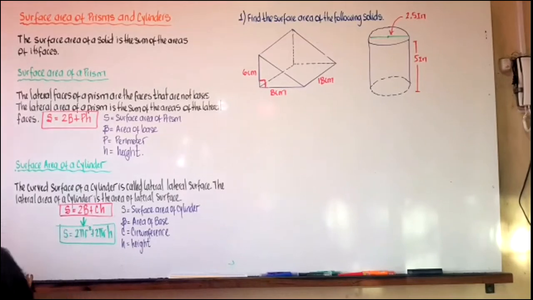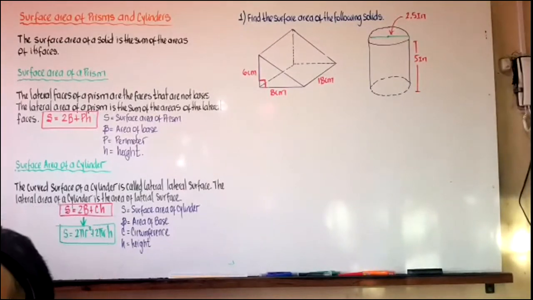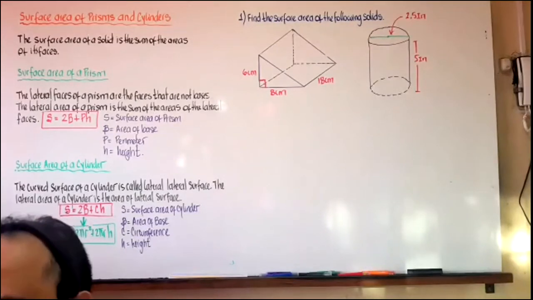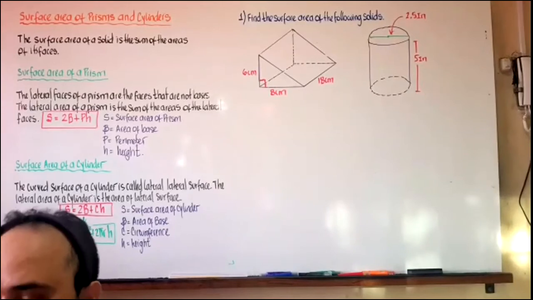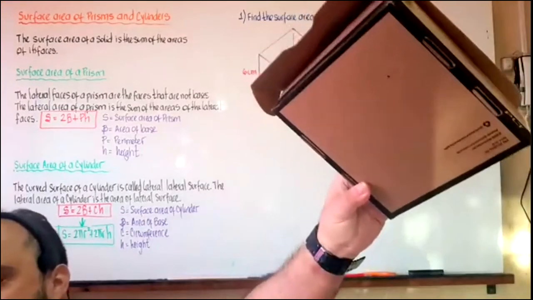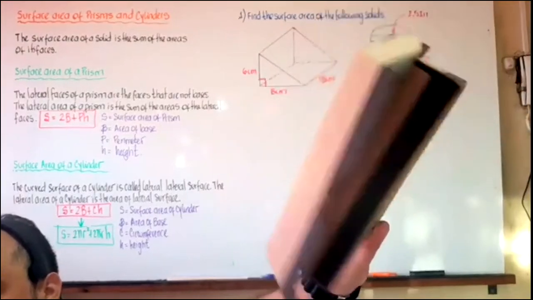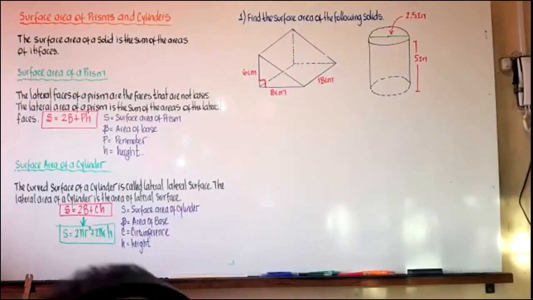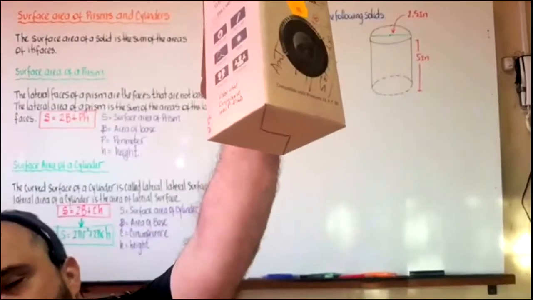The formula is given by S equals 2B plus Ph. Well, the capital S represents the surface area of the prism. Remember, a prism could be a box. That box will be different. For example, as I explained already, this box has a rectangular base. I have another one, this box has a square shape.